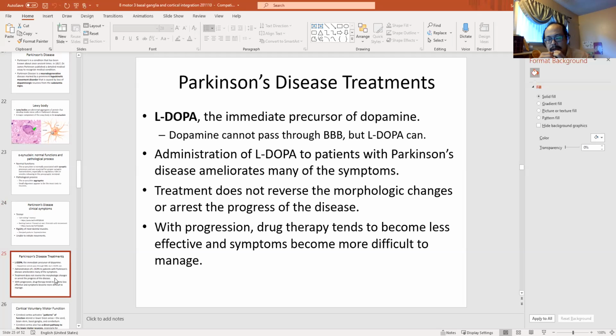For Parkinson's disease, the typical treatment is to provide dopamine. But direct dopamine, even though you can buy it from Walmart or Costco, cannot go into the brain because dopamine cannot pass through the blood-brain barrier.